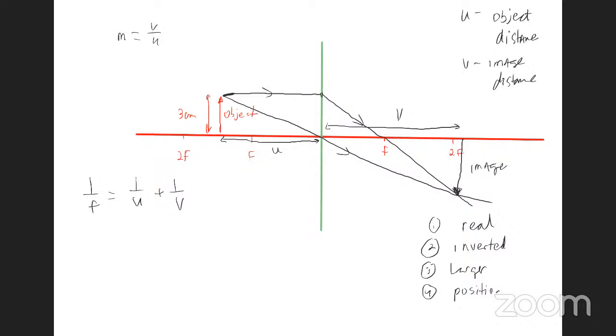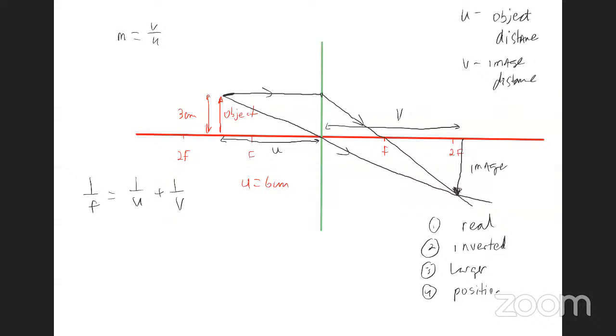All right, good. Let's take a look at using this lens maker formula. Here's what I'd like you to do. I've given you some values. Try to work out v for me. Let's say the value for u is 6 centimeters.